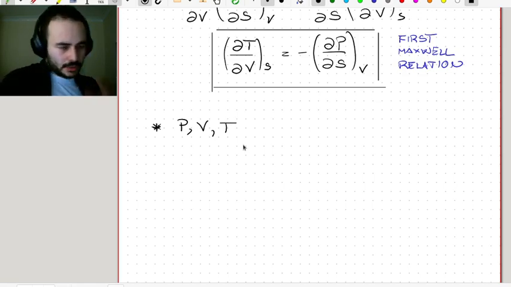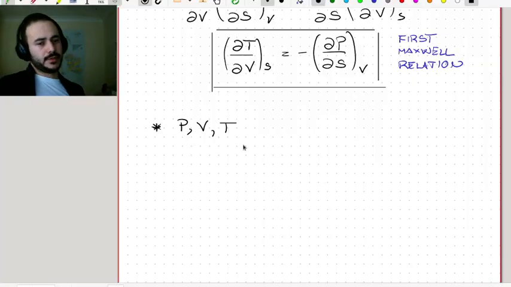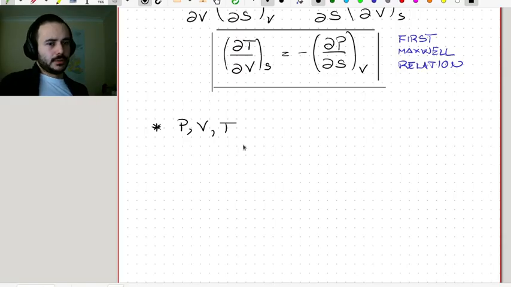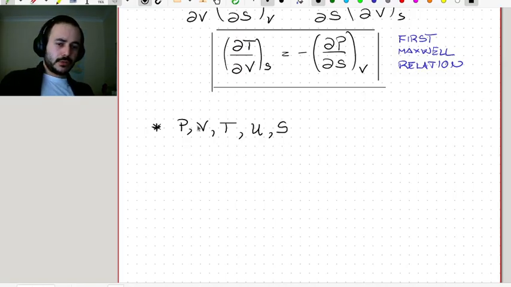When you know you only need two variables, that was something that we had established in the very beginning of the course, but which variables you choose is your thing, right? So you are free to choose anything you like. And actually, in the very beginning of the course, we only knew pressure, volume, and temperature, but now we know more. We know U and we know S. Okay, so we could, in particular, choose any two out of this set.